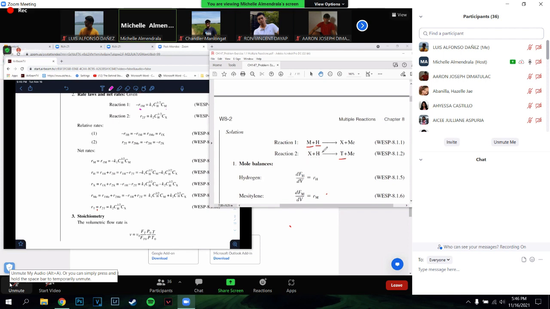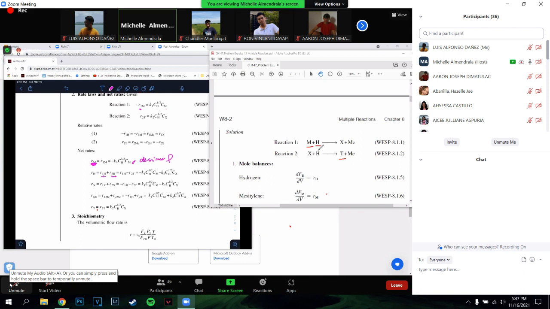And that will be K1. Again, this is the rate expression for the rate of reaction of the reactant in reaction 1, the desired product. Okay, so for the rate of hydrogen, hydrogen is present in both reaction 1 and 2. So for both, hydrogen is being consumed. So net rate will be the sum of the rate for reaction 1 and reaction 2 for hydrogen.